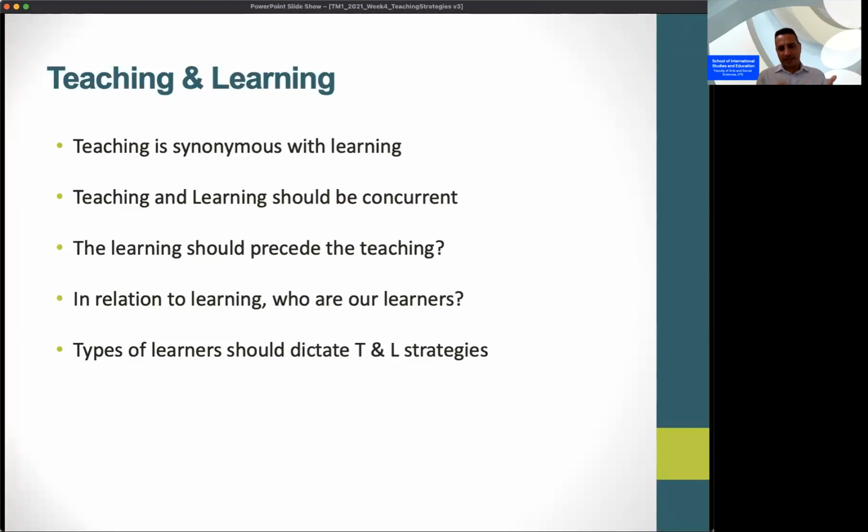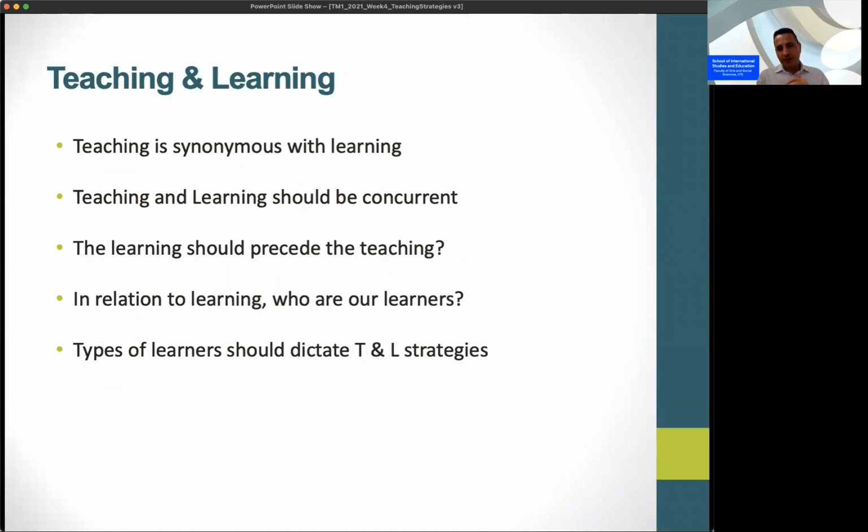Get the students to engage, to learn for themselves, and then we extract some meaning for them at the end. But again, just going back to a point I made earlier, teaching and learning should be concurrent and throughout the lesson. I think we've got to be careful, and as a word of caution, that we don't sort of assign parts of a lesson where we talk, parts of a lesson where they do. Not that we're saying you don't do that, but really at any point in time, there should be the two happening simultaneously.